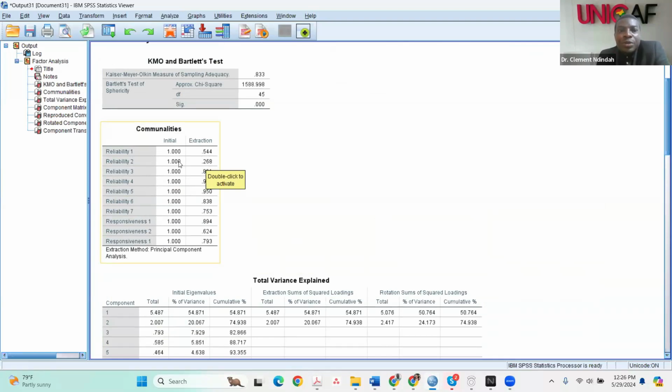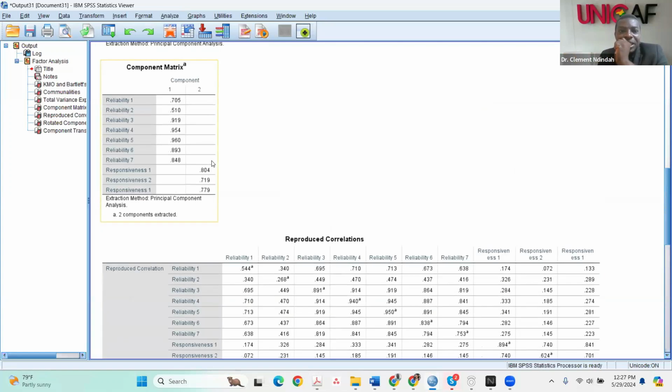So we can already see that our second variable does not correlate well with the other variables, meaning it does not capture that particular construct very well. It's not very suitable for measuring that construct. Any variable included in the way we measure that construct should have at least 0.5, or 50%, correlation with the other variables used in measuring that construct.